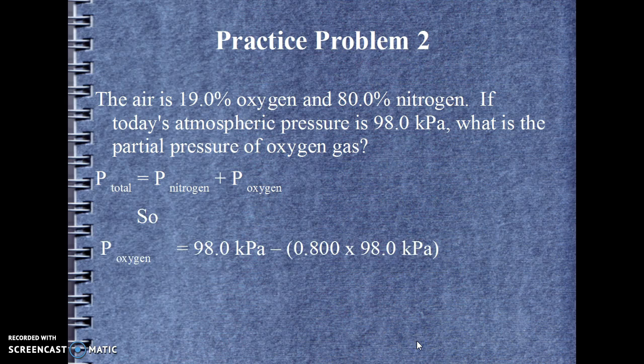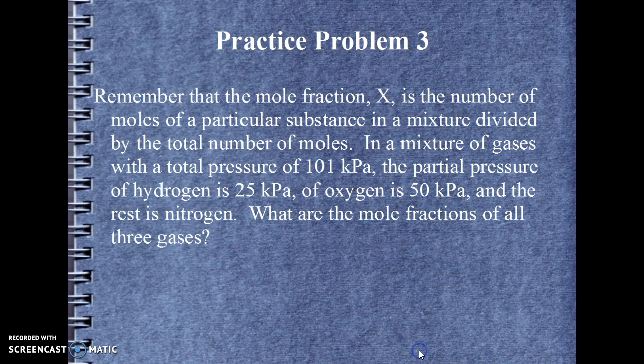So, the pressure of the oxygen must be 98 kPa minus the 0.8 mole fraction that is attributed to the nitrogen. 0.8 times 98, or 0.190 times 98. The oxygen pressure is 18.6 kPa on this day.